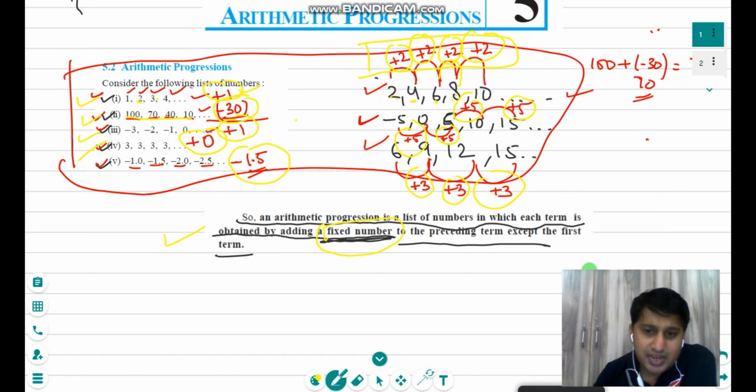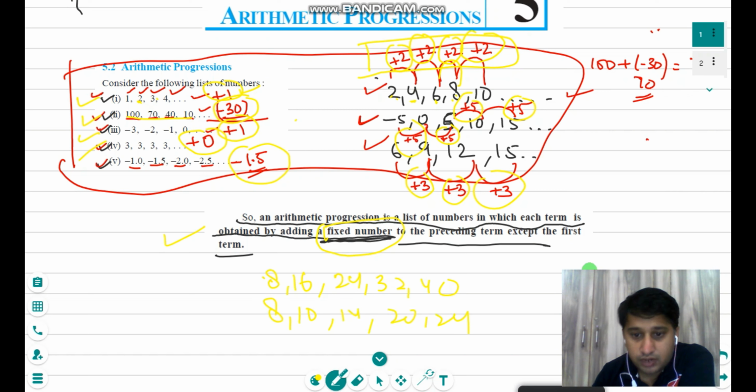For example, again I am writing a few examples. Although I have written many examples, it can be, let us say, 8, 16, 24, 32, 40. Then I am writing 8, 10, 14, 20, 24.